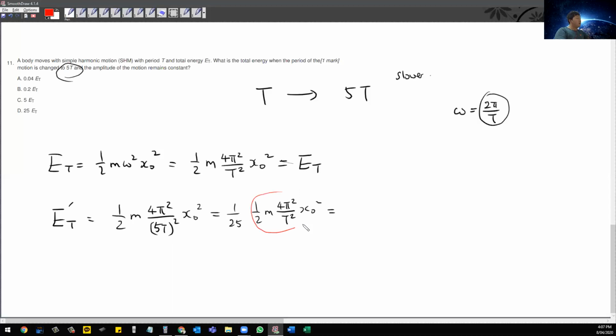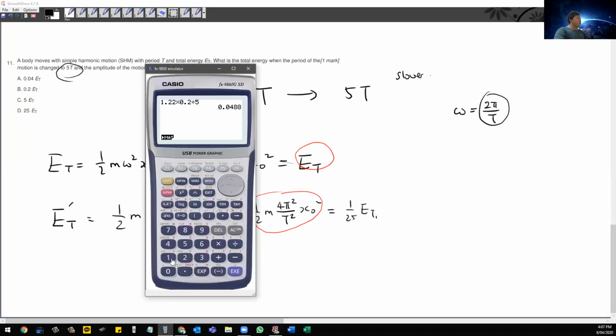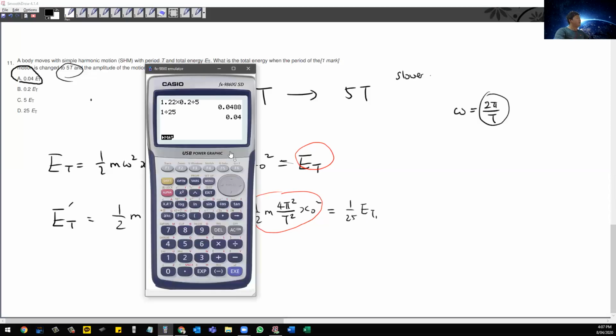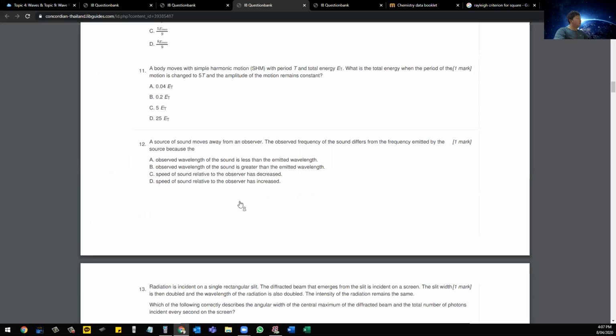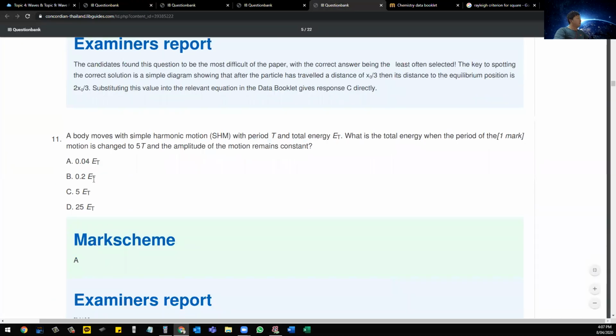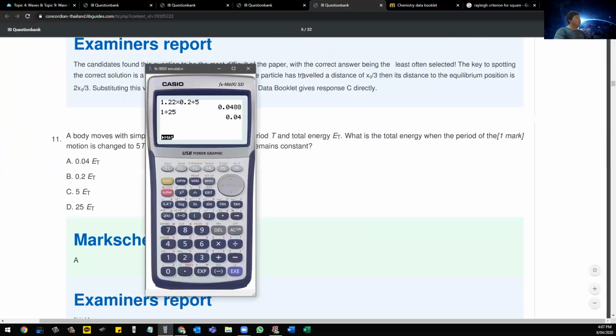And that bit there is simply the original E T. So this will be 1/25th of the E T. All right, what's 1 on 25? 1 over 25 is the same as 0.04. So I think the answer is A there. Okay. Yeah. So you're getting it, right? Mm-hmm. So A. Okay, no problem.